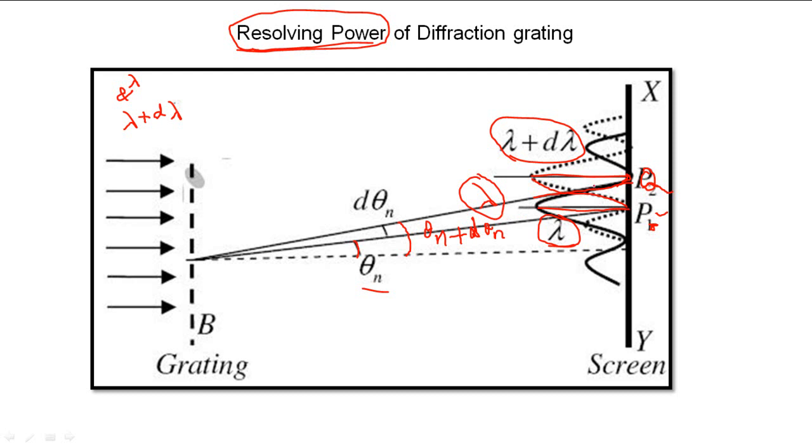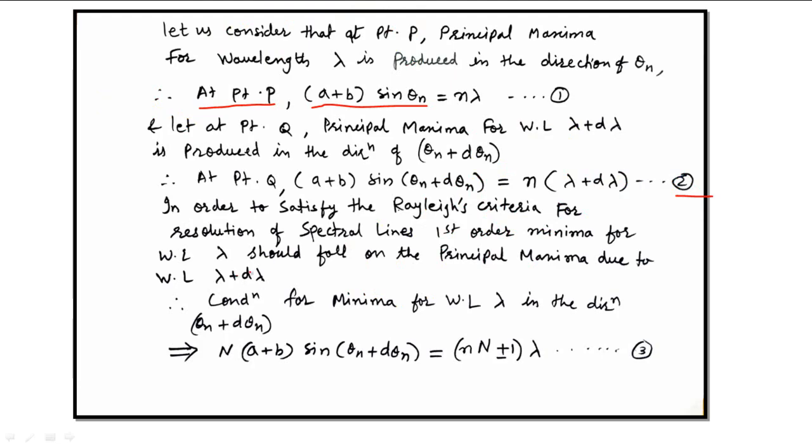We have seen the condition for minima in the case of plane diffraction grating also, which is capital N (a plus b) sin theta = m lambda.